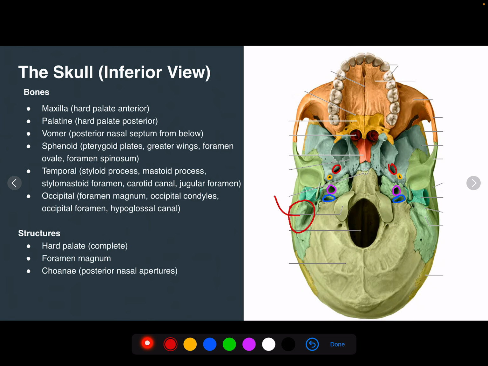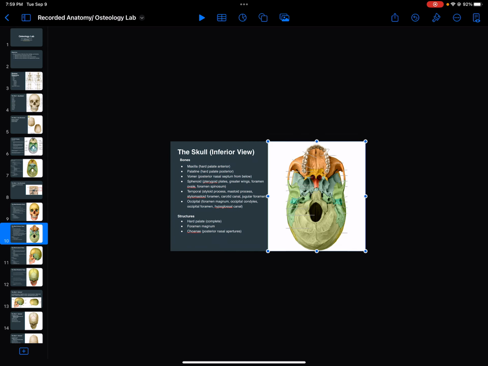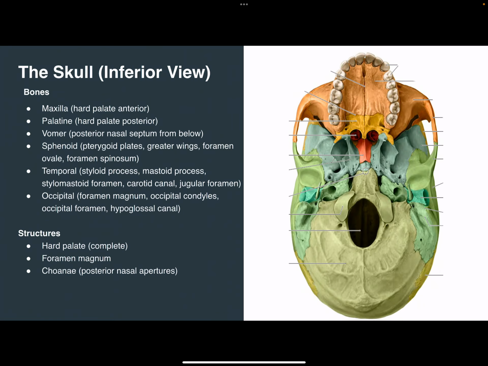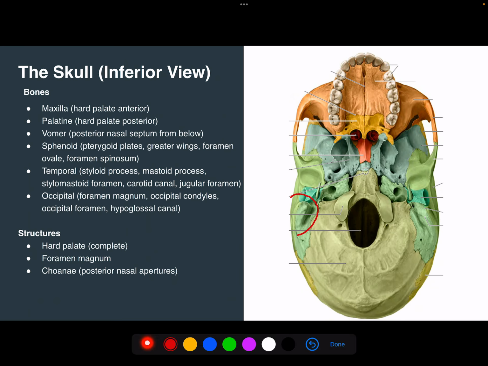Specifically, this is the mastoid process of the temporal bone. Oops, sorry, everyone. This is the mastoid process of the temporal bone and the styloid process. That little bony projection, stylus-like, would be our styloid process of the temporal bone.